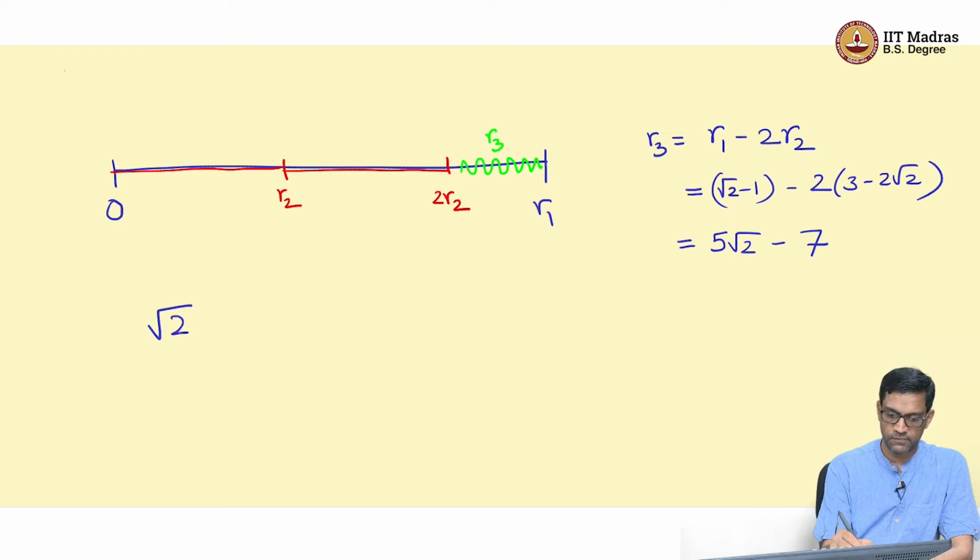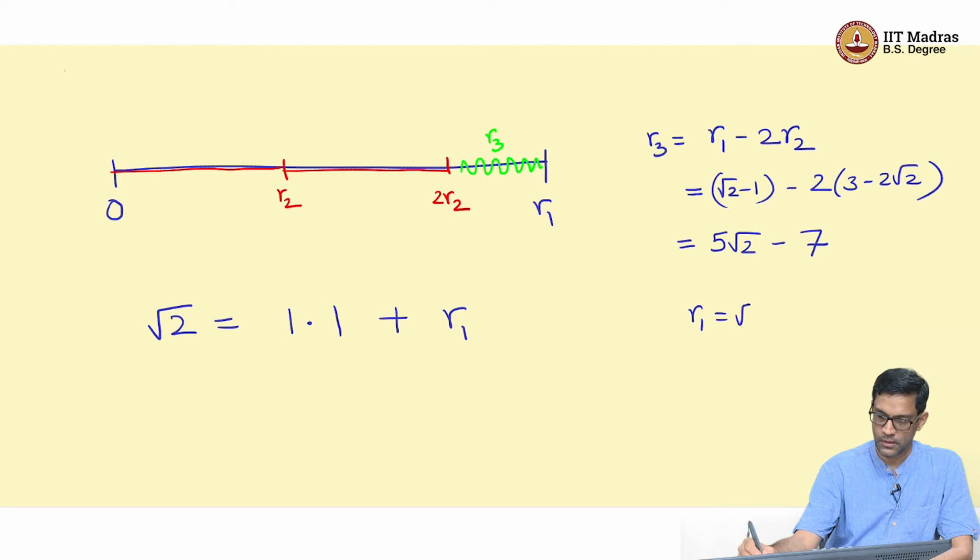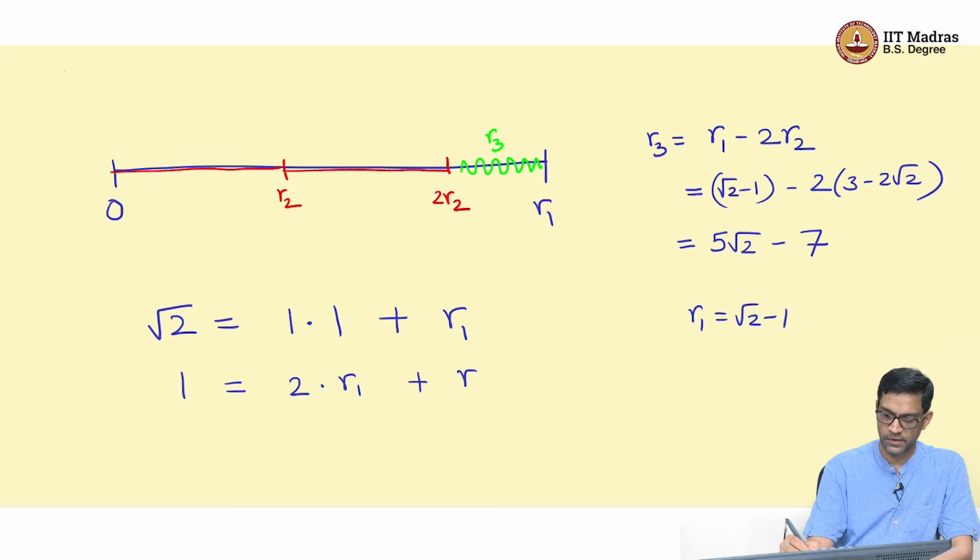The very first step, I divide root 2 by 1. So I get some quotient. The quotient initially is just 1 plus some remainder. The remainder is root 2 minus 1. Now 1 becomes my new dividend. I divide it by R1. It happens to divide twice and gives me a remainder R2.